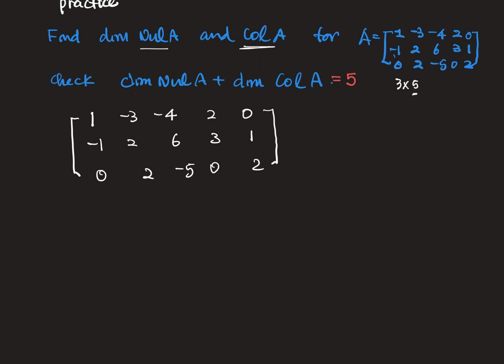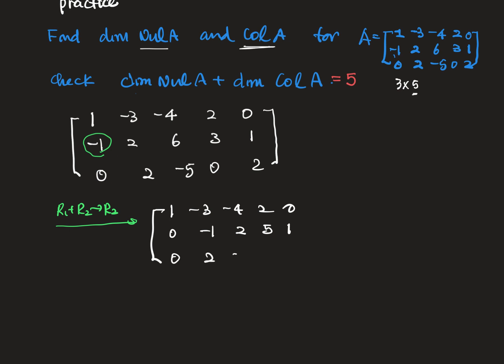Let's do the row operations right here, guys. Let's do the first one. You're going to see this should be 0, right? So R1 plus R2 goes to R2. That's going to be 1, -3, -4, 2, 0, and 0, -1, 2, 5, 1, 0, then 2, -5, 0, 2.